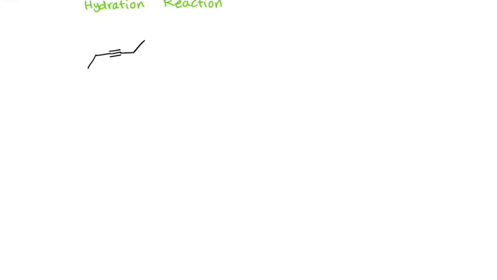This is a symmetrical alkyne, so what's going to happen is that when you add H2SO4 and H2O, you're going to get the same product like this. The double bond could be on the 3rd carbon, like that. And then here we go.